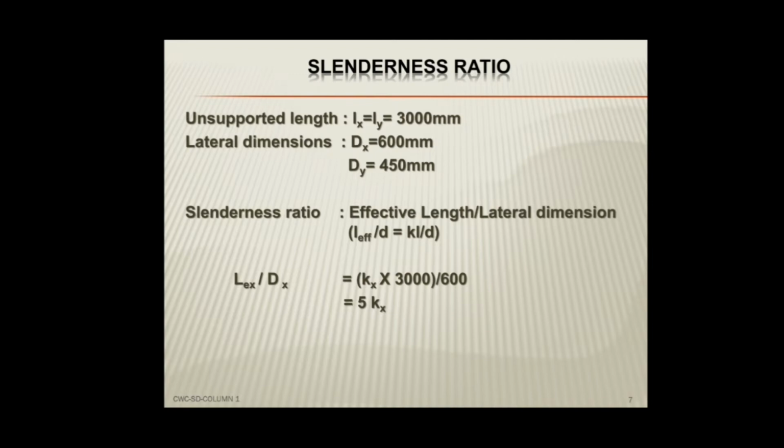Since we don't know the value of k, let it be like this for the time being. Similarly, if we substitute the values of L and dy, we will get Ley by dy as ky into 3000 by 450, which is again equal to 6.67 ky.